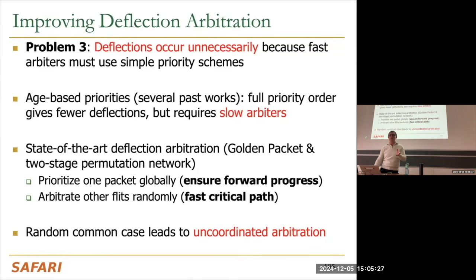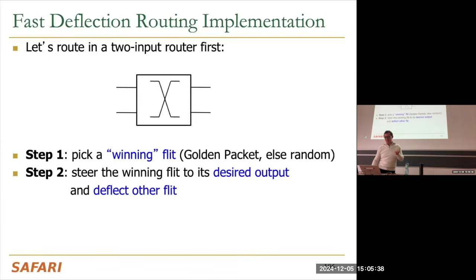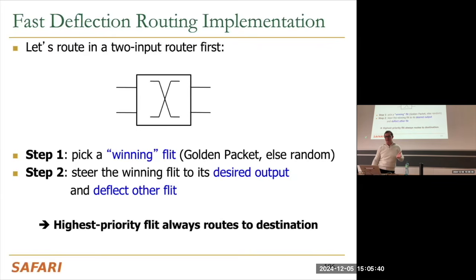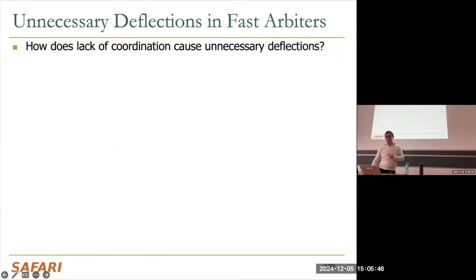If you actually put some coordination into this arbitration, meaning prioritize something else that's not golden, if the golden one doesn't exist, then you can actually get to a better decision. So we already discussed this earlier, right? Highest priority flit always routes to its destination, and golden packet is always the winning flit, right?